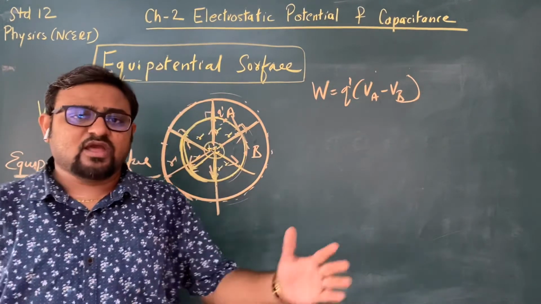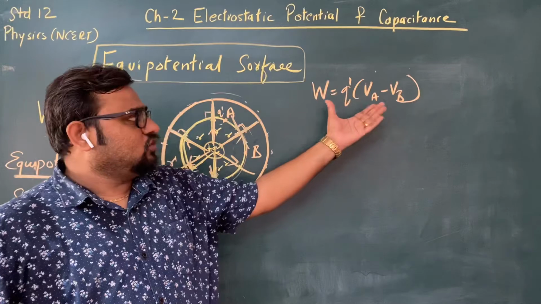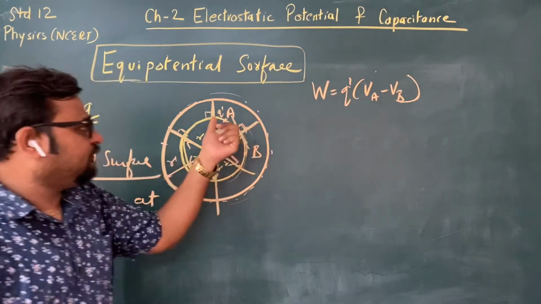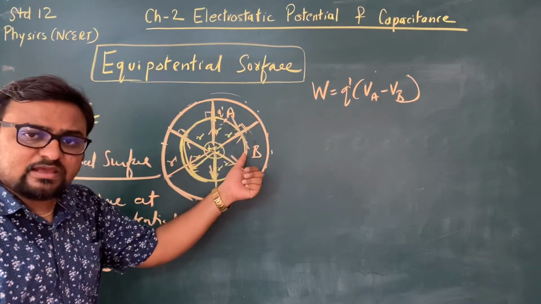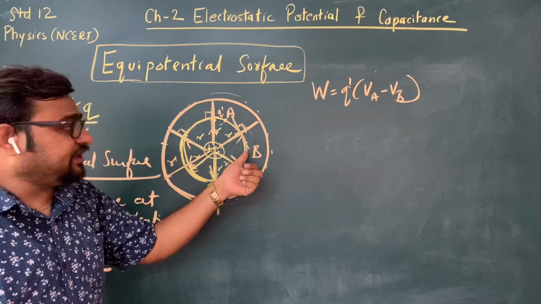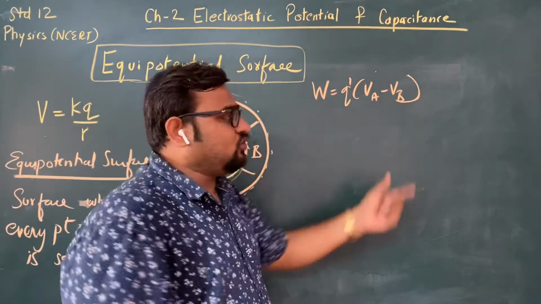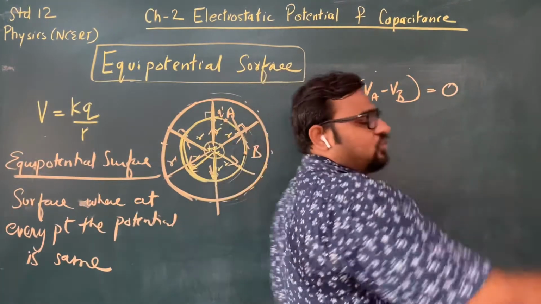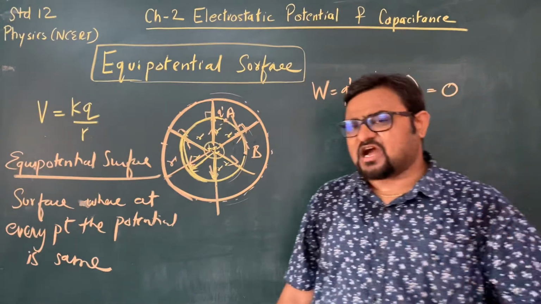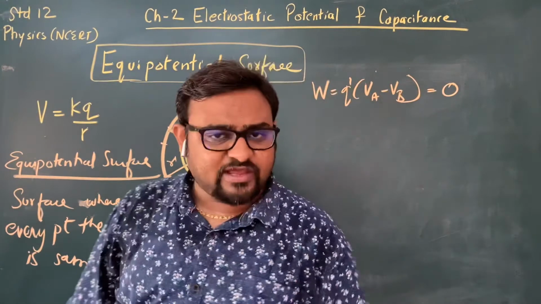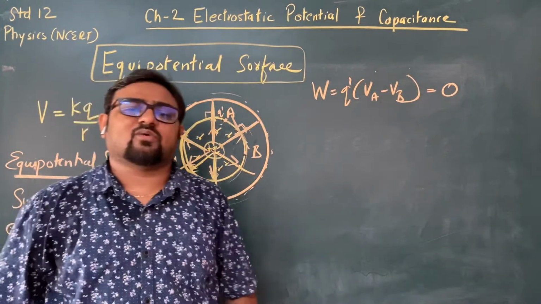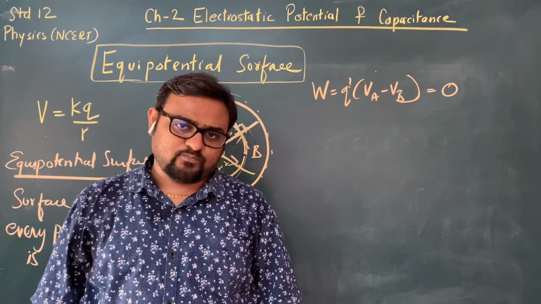What is the potential difference between A and B? It's same, right? The potential VA is equal to potential VB, so the potential difference will be zero. So the work done will be zero. So work done in moving a charge on an equipotential surface will be equal to zero.